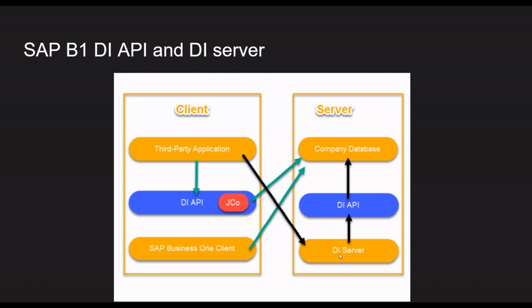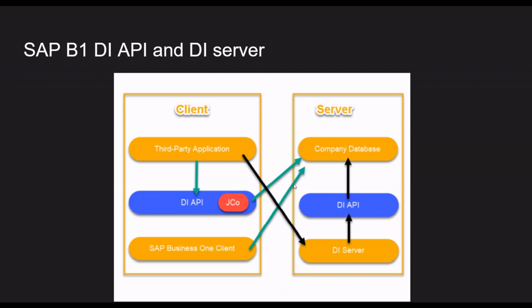On the server, the DI server also exposes some services and allows communication to the database using the DI API. The DI API is designed to be used on the client side. The third-party application connects to the DI API, which manages communication with the company database. And the process is demonstrated in the diagram, as you can see in the green arrow.